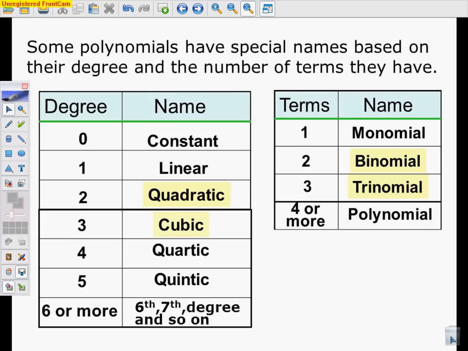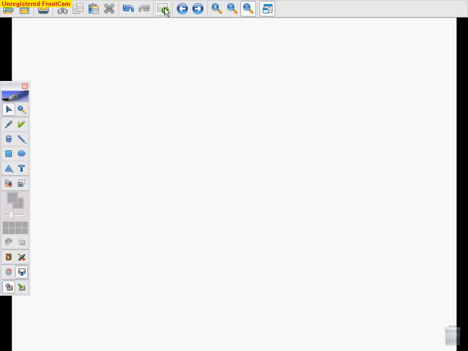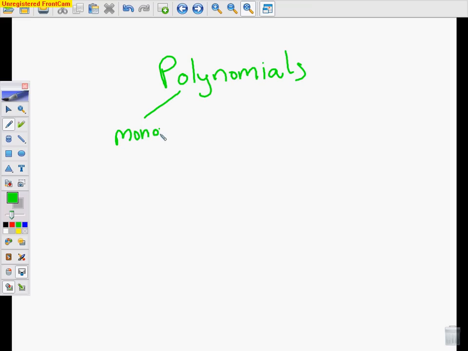All right, just to make sure, I'm going to add in a slide here. Sometimes when I think of polynomials, I think of it as a hierarchy. And under polynomials, some of them are monomials, some of them are binomials, and then some of them are trinomials.